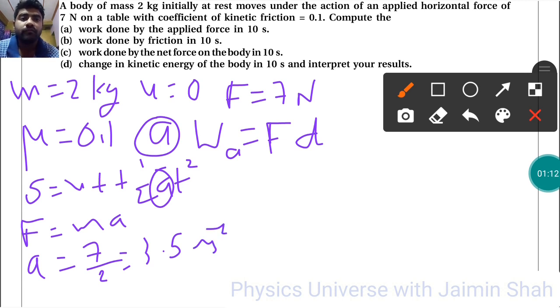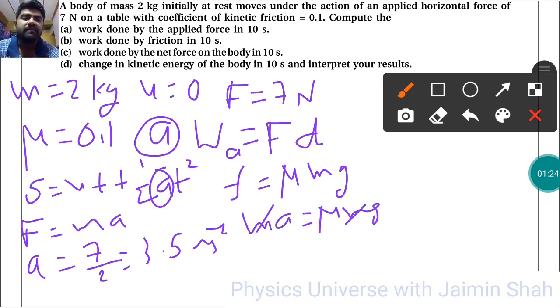But due to friction, F is equal to mu mg. So for the frictional force, ma is equal to mu into mg. So m gets cancelled out, so a is equal to mu times g, where the coefficient is 0.1 and g is 10. So a is equal to 0.1 into 10, which is 1.